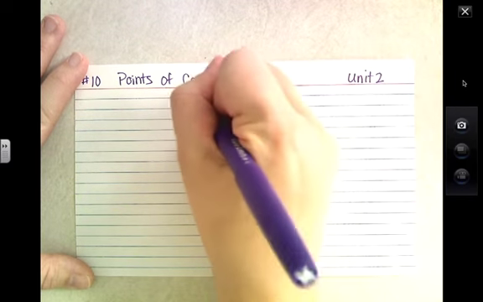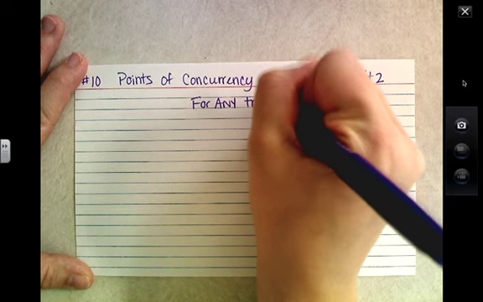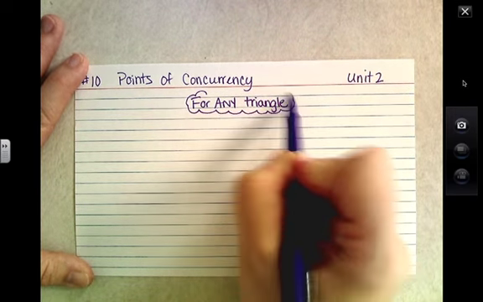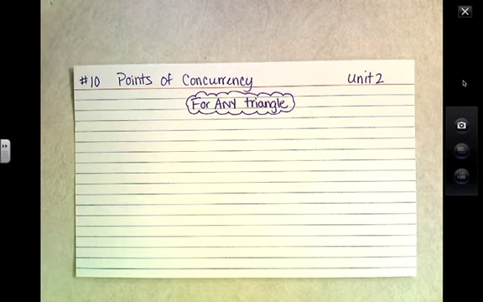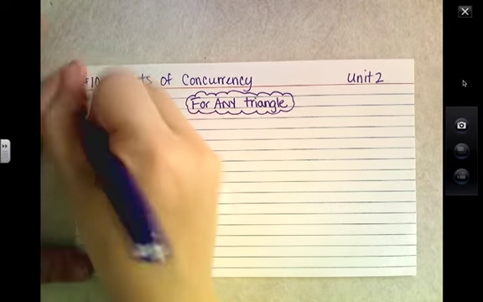This works for any triangle. Okay, so you guys have been hearing some different types of triangles, right? Right triangles, isosceles, equilateral, scalene, obtuse, acute, any kind of triangle you can think of, you can construct these points of concurrency. Okay, so the first one is called the incenter.